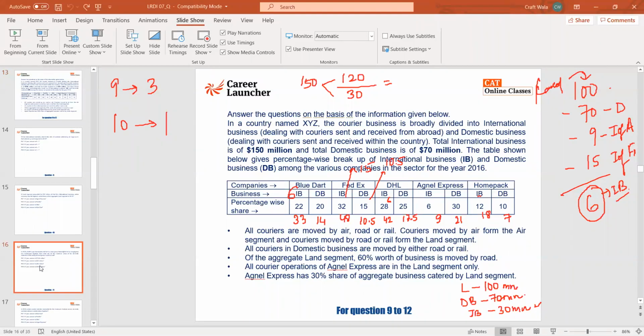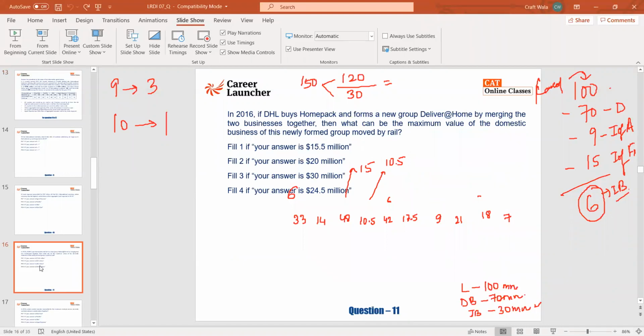Next one. If DHL buys Home Pack and they form a new company, Deliver at Home, by merging the two businesses together, so now DHL and Home Pack will be together, then what will be the maximum value of domestic business of this company? That means I have to just add the domestic of DHL and Home Pack.